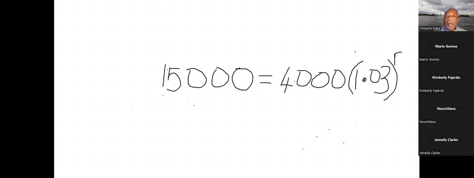Remember the last time we put in the power 10, where n is equal to 10. But this time we don't know what n is, but we know how much we want the money to grow to. This is our f of x here.